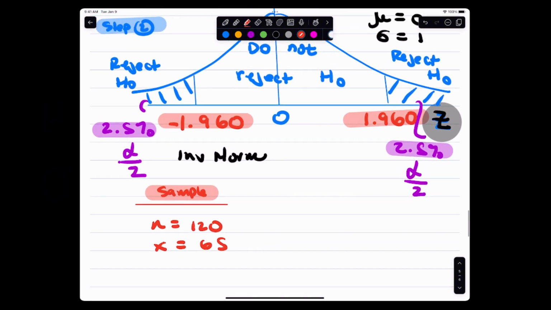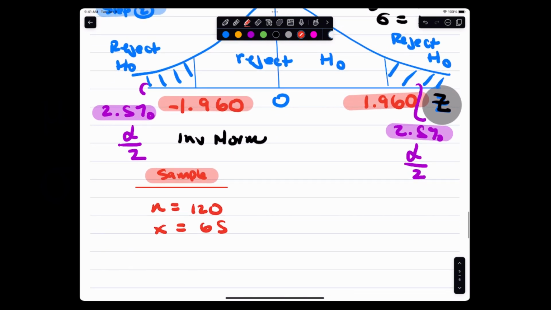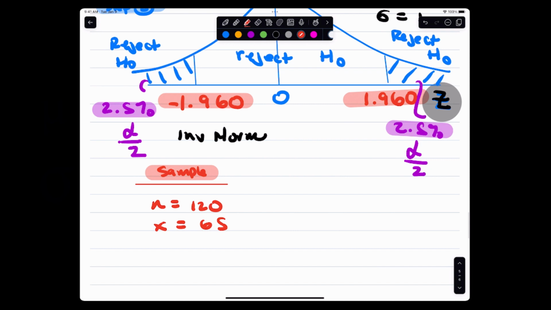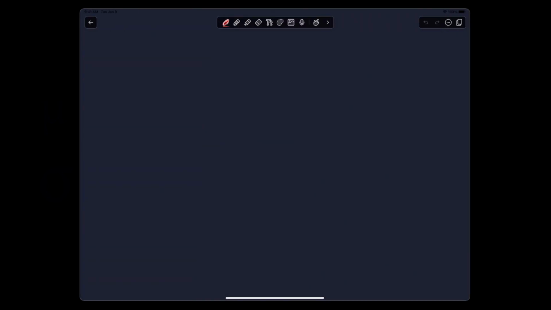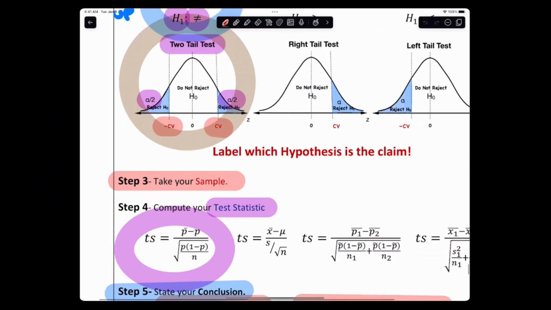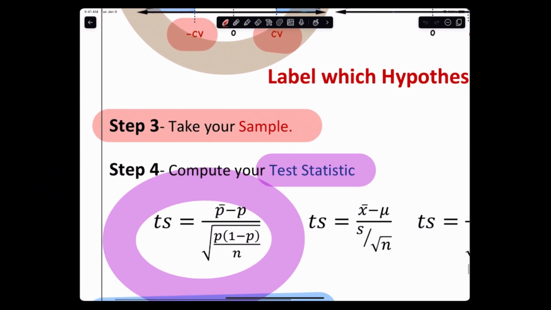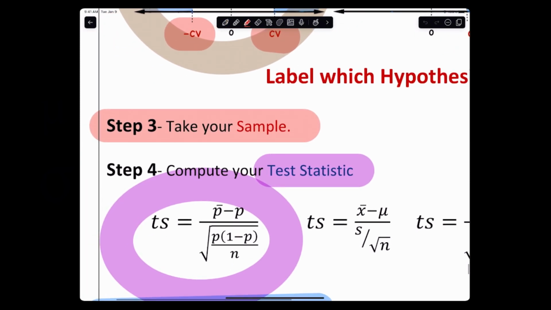All right, you guys okay with that? Now you might say, okay, Mr. Judge, how in the world do we do this? Because this is going to be step number 3. Step 3 in the procedure was to take a sample, and now we're on step 4, which is to compute the test statistic.